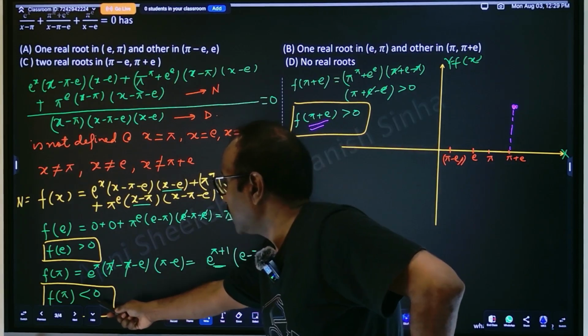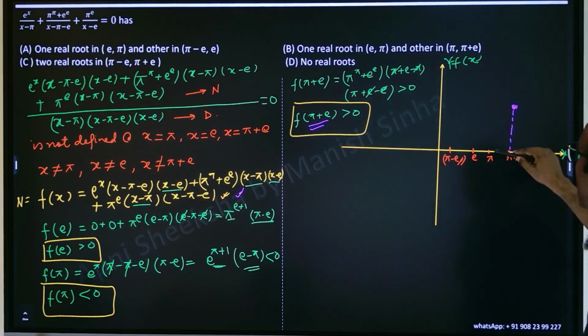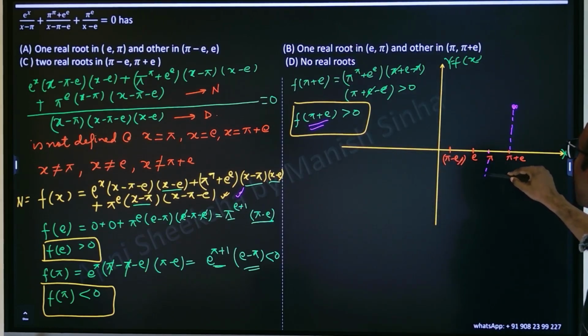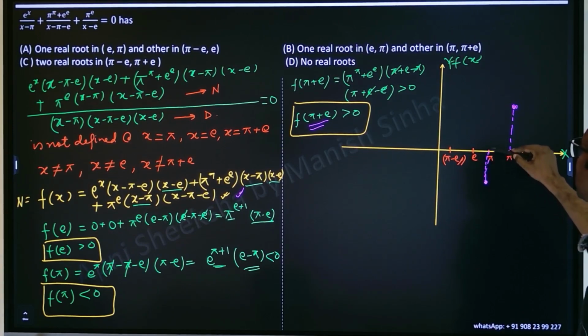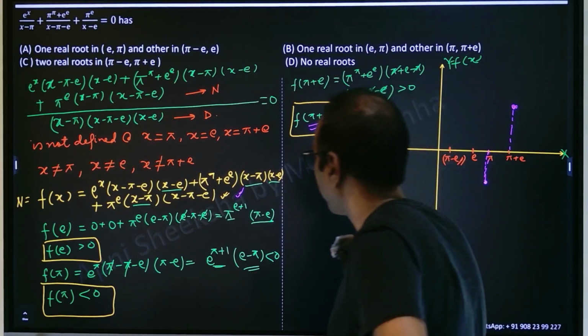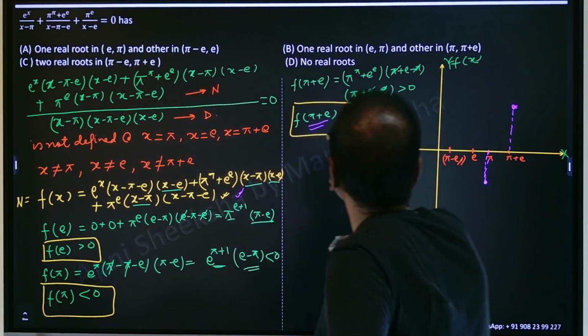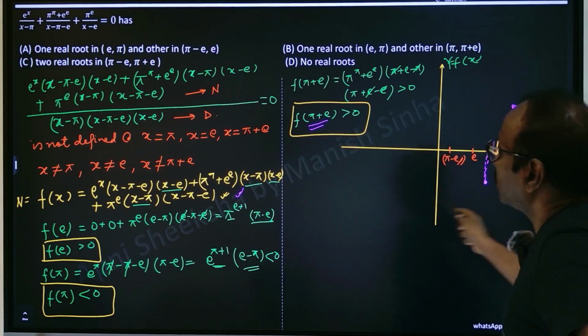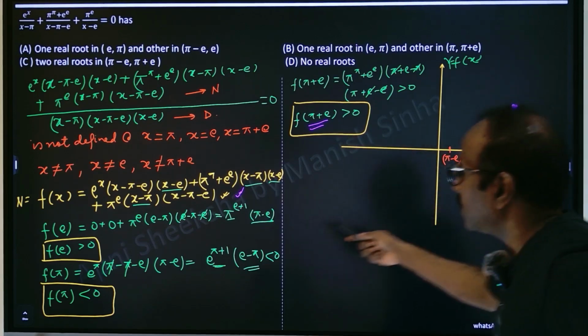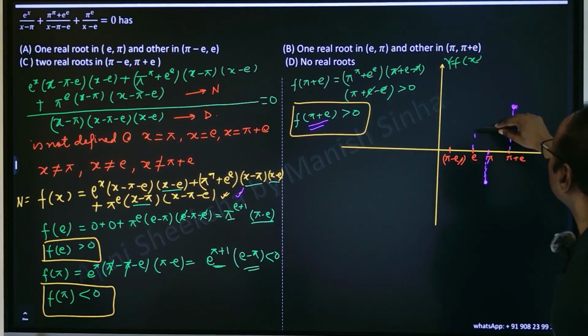At pi it is less than 0, maybe here. At pi plus e greater than 0, at pi less than 0, at f(e) is positive. So here it is positive.